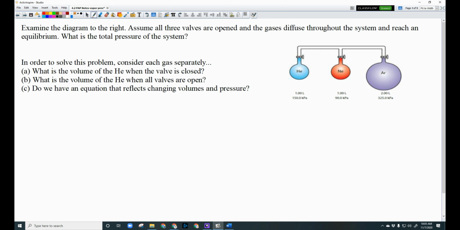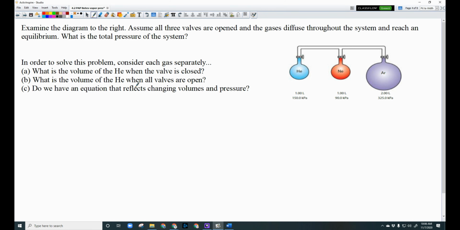All right, so in order to get this solved, we have to consider each gas separately. We see our helium gas here is 1 liter at 150 kPa. And we have our neon gas, 1 liter at 90 kPa. And we have argon, 2 liters at 325.0 kPa. So what is the volume of the helium when all the valves are opened?